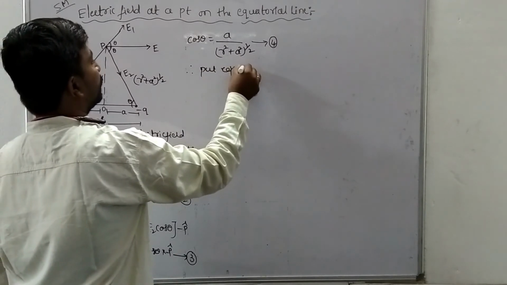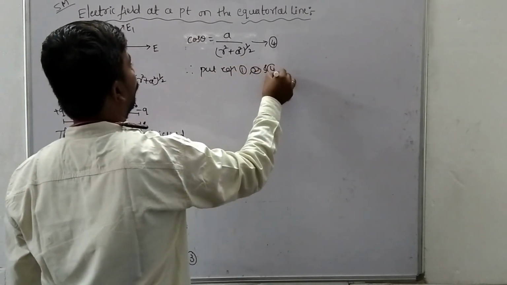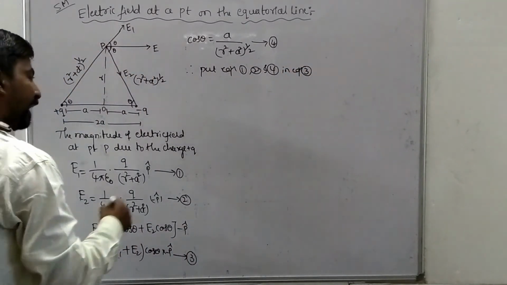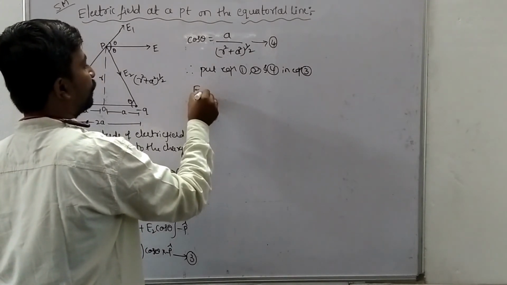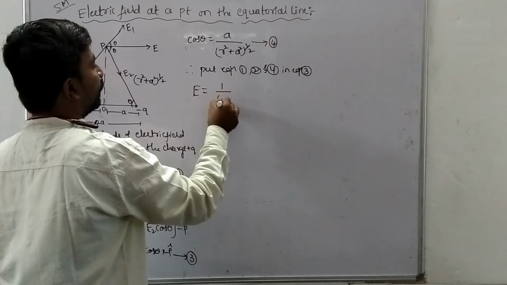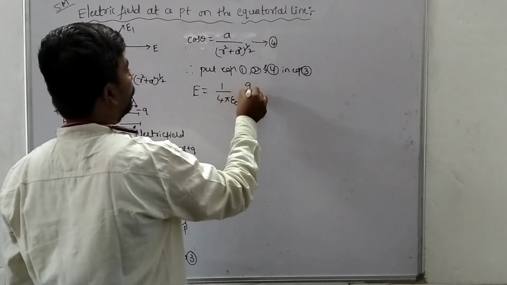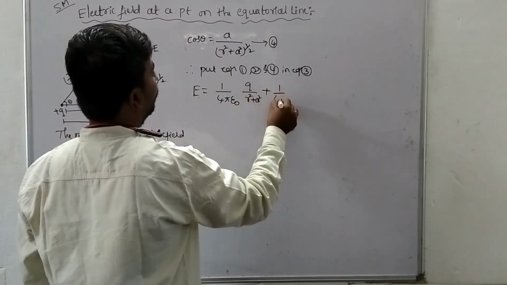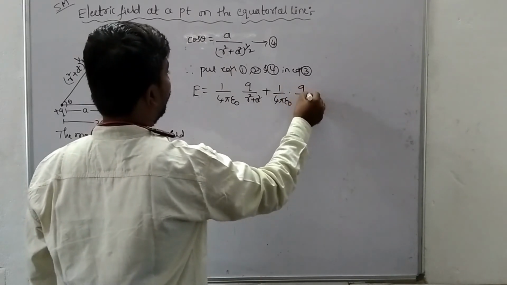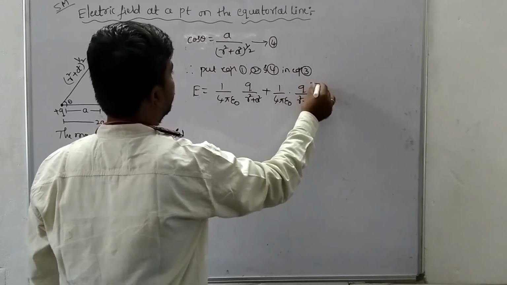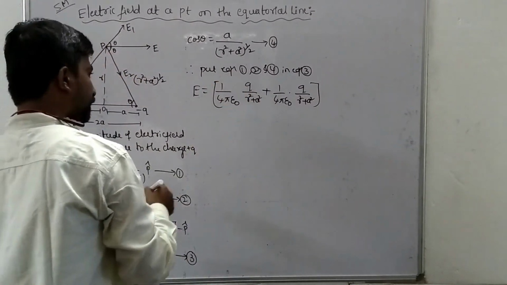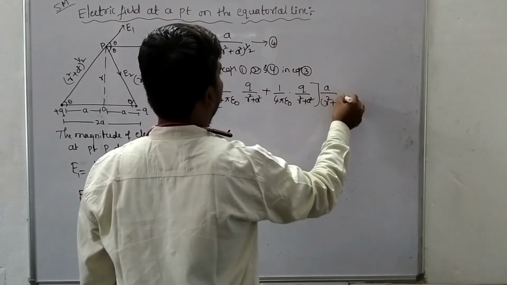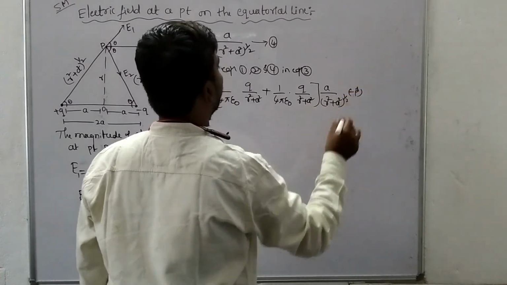Therefore equation 3 can be written as: E is equal to 1 by 4 pi epsilon naught q divided by r square plus a square, plus again 1 by 4 pi epsilon naught q divided by r square plus a square, into cos theta, so it is a divided by r square plus a square whole to the power of 1/2 into minus P cap.